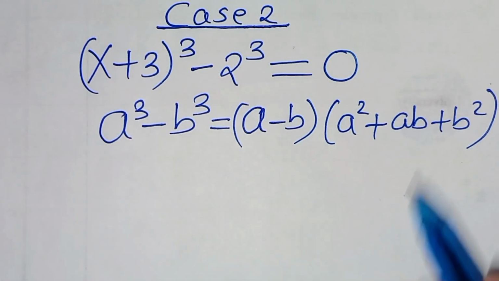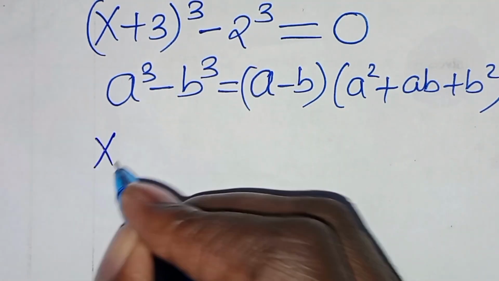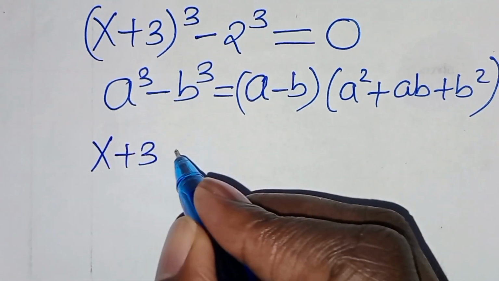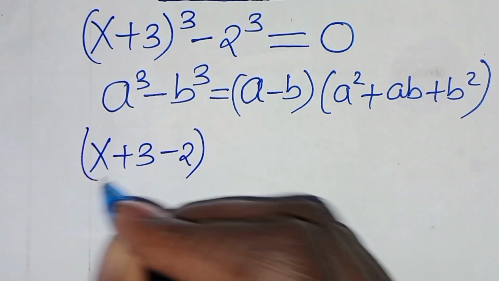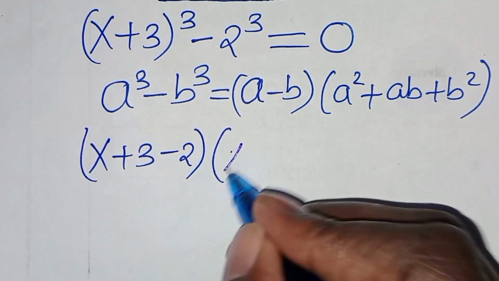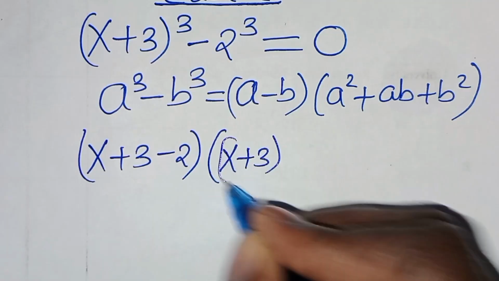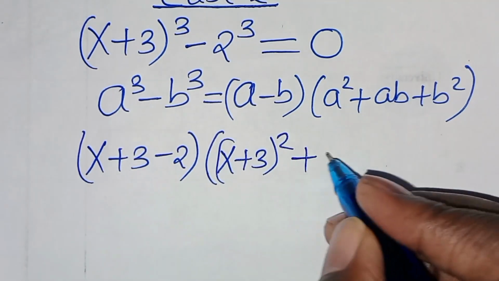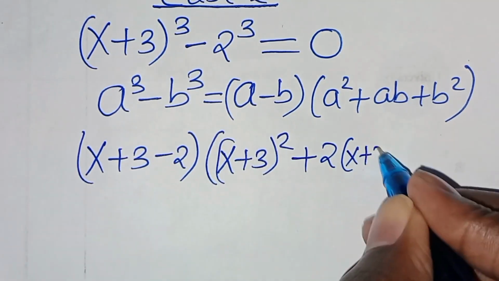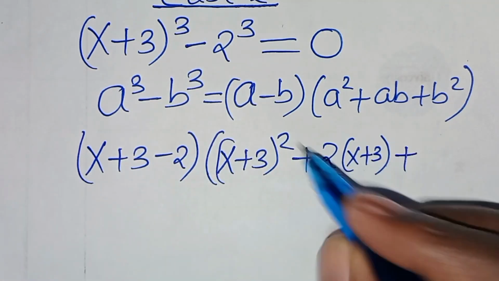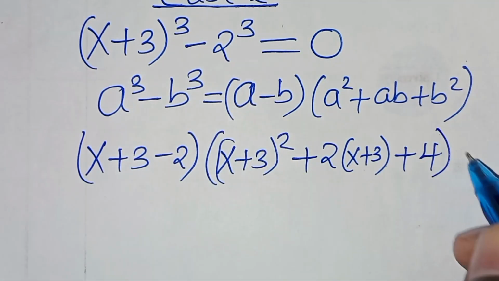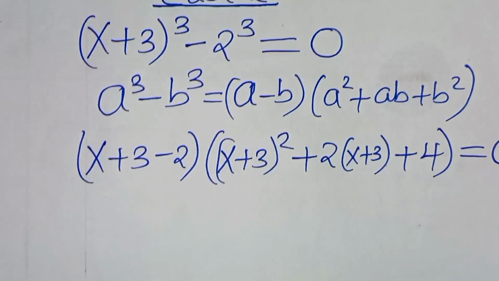Applying this identity, here we'll have x plus 3 minus 2, then x plus 3 squared, plus 2 times x plus 3, plus 2 squared, which is 4. This is equal to 0.